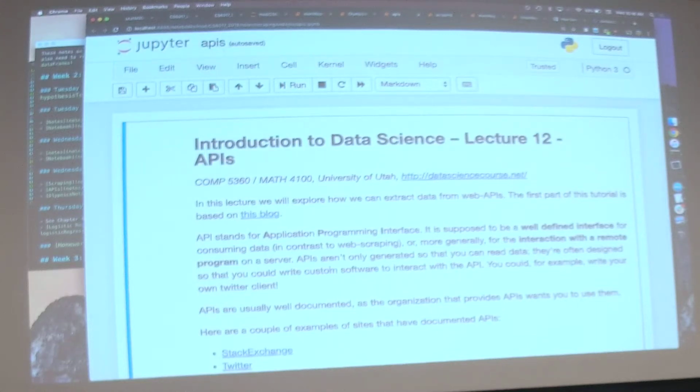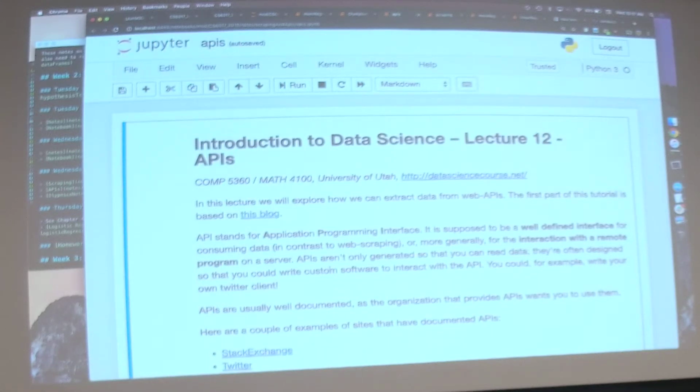So a more convenient way to get data, if the provider is considerate, is to use an API that's specifically designed for this. Usually the difference is, instead of giving you back an HTML page with nice formatting, you get back a JSON string of structured data that's easier to process.